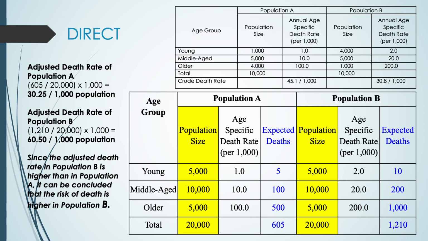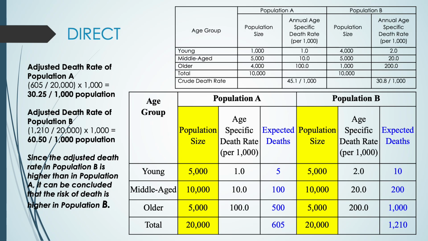So we do that also in the adjusted death rate of B, which is equal to the total of expected death in B, which is 1,210, over the standardized total population, which is also 20,000, times 1,000 as in death rates, again per 1,000 population.